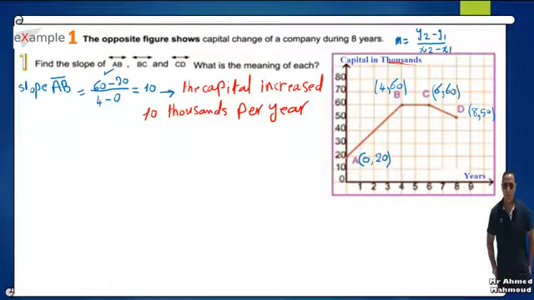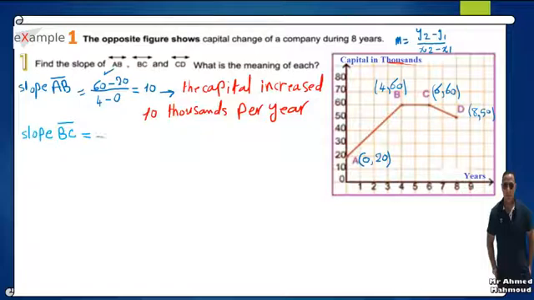The slope of BC. Here BC is parallel to the x-axis, so without calculating, the slope equals 0, because a line parallel to the x-axis has slope 0. But I'm going to calculate the slope here.